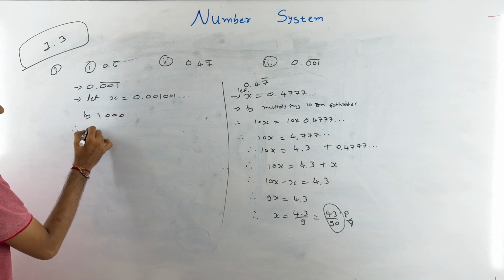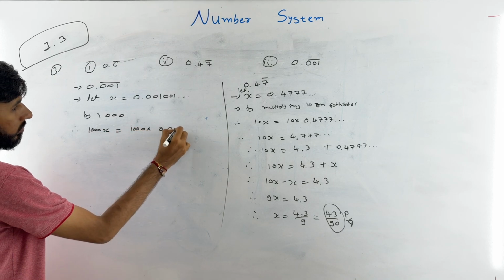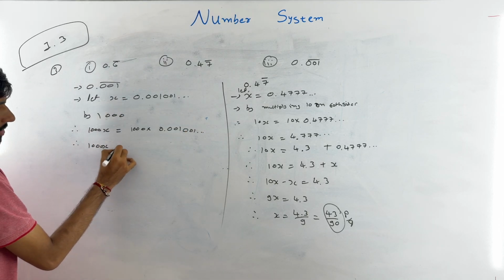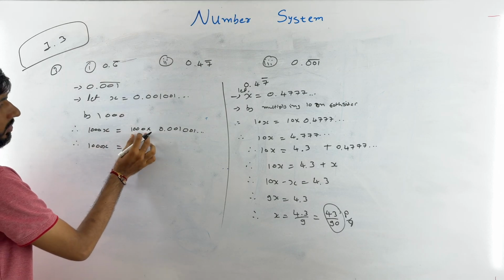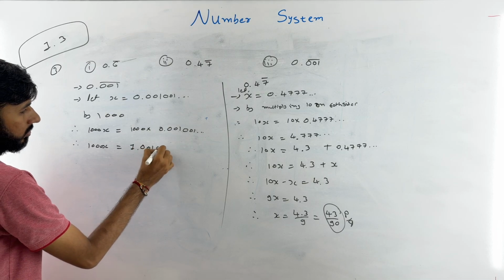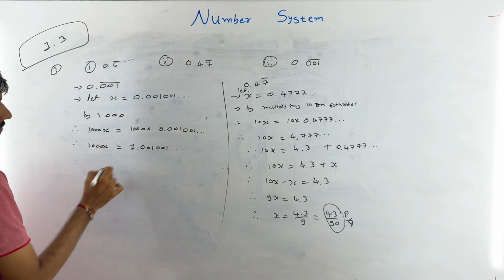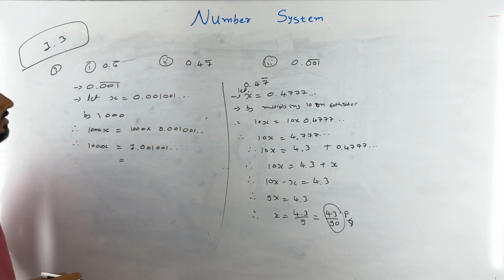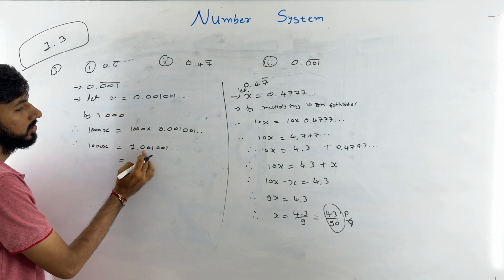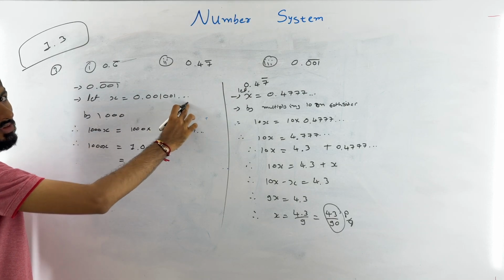So 1000x equal to 1000 multiply 0.001001, and it will go on. If I simplify it, if I multiply 1000 into this, my answer will be 1.001001, and it will go on. Right, now I have to separate it in such a way that I can use x here. Now in this question it will be very easy, because after the decimal point you can see 0.001001, and our x is also 0.001001.